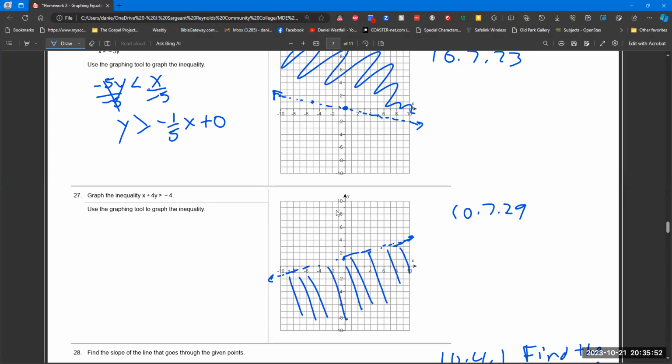Let's confirm that by solving for y. Oh, I plotted my graph wrong. I see that now that I wrote this in slope-intercept form.